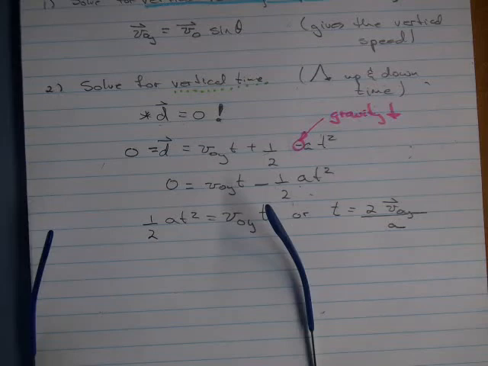So when you drop the ball off, if there's no upward vertical component, then don't use negative. Use positive, because then you'll get positive numbers.